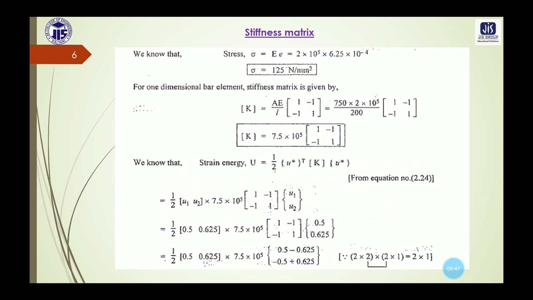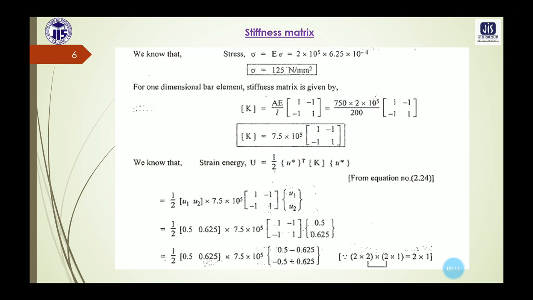Now for the fourth part of this numerical, we need to calculate the stiffness matrix. The formula of the stiffness matrix for this one-dimensional bar element is actually given as AE by L multiplied by a symmetric matrix, which is 1 minus 1, minus 1 1.